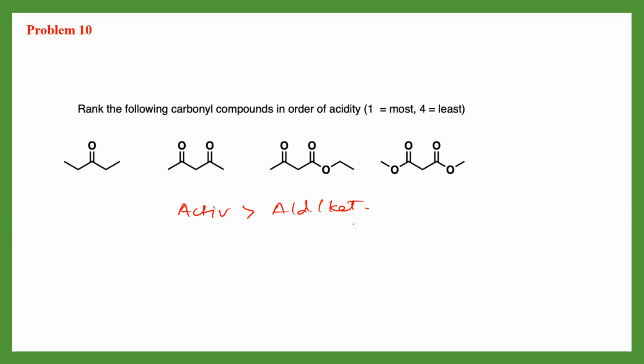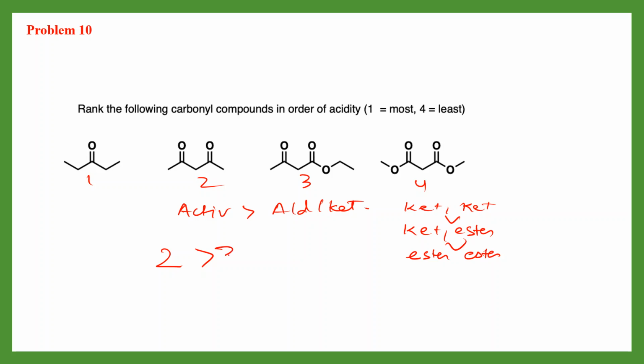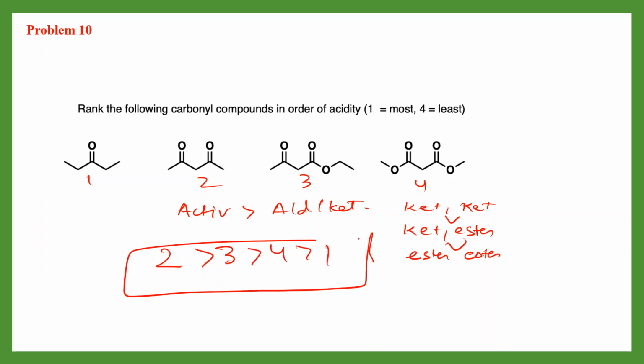In active methylene, both-side ketones are much better than one-side ketone and ester, or ester-ester. So the correct option is this one, 2, 3, 4. So the most acidic is 2, then 3, then your 4, then your 1. Remember, this is your most acidic.